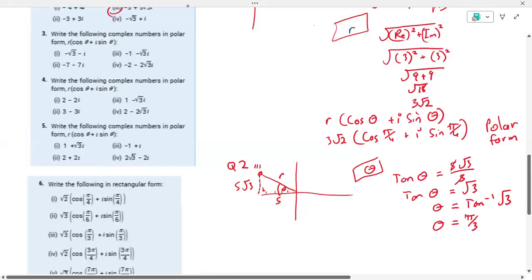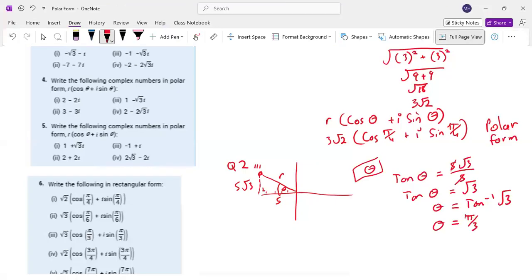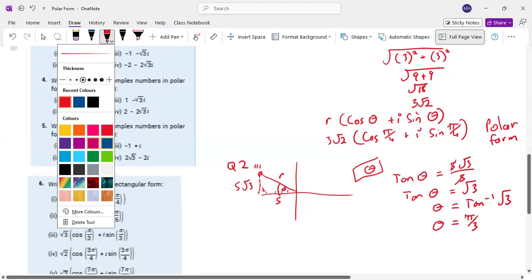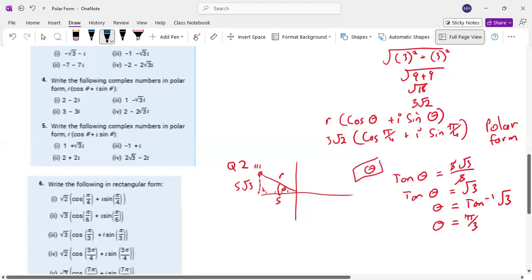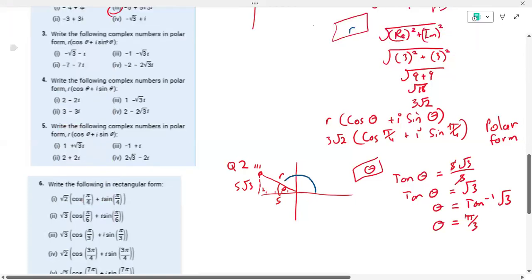Now, we just have to be careful here because it's not the first quadrant. So if I read from the positive side over, theta is pi over 3, but the argument is actually going to be pi take pi over 3. So in other words, pi is the whole thing.